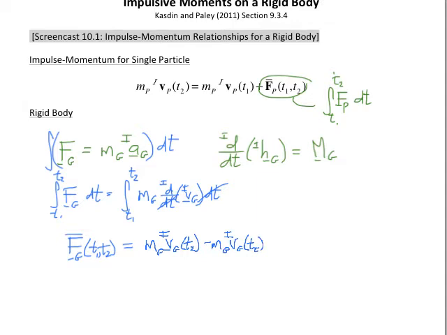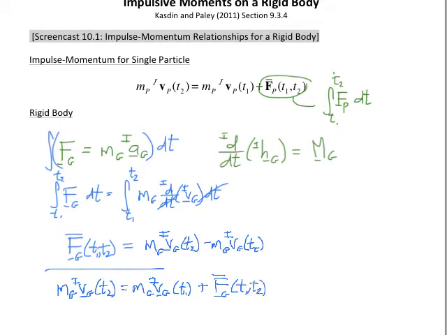And then for our final expression, we just rearrange our terms so we get the mass times the velocity at time 2 is equal to the mass of the rigid body multiplied times the velocity at time 1, and then add to that the impulse from time 1 to time 2.